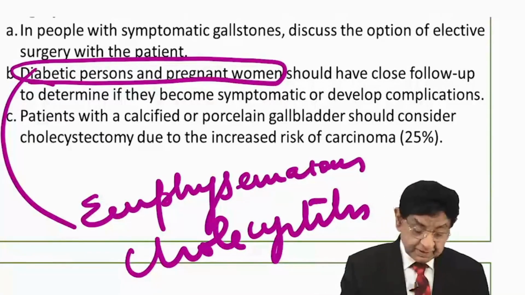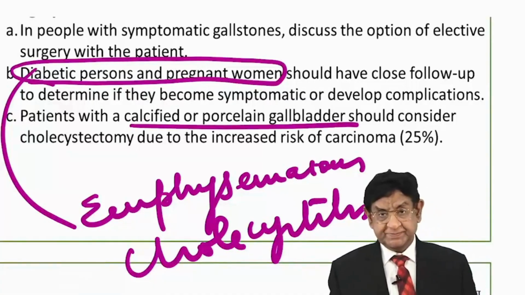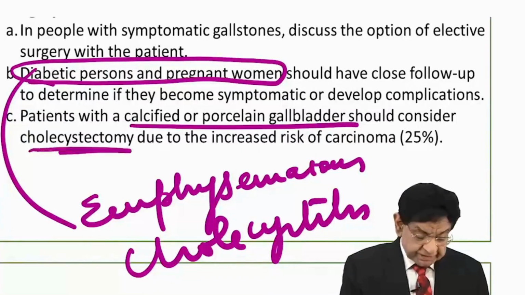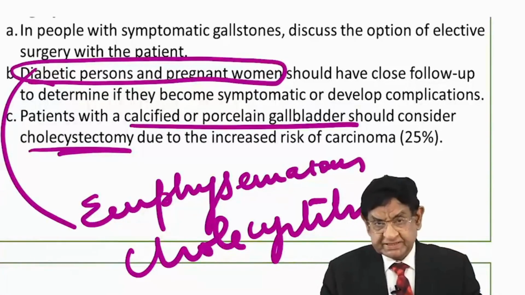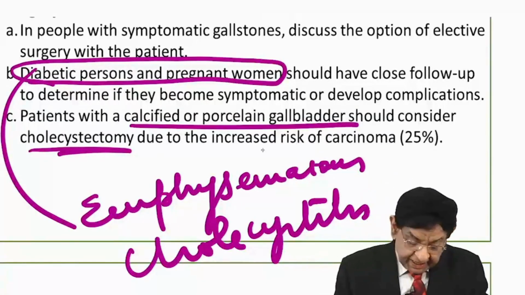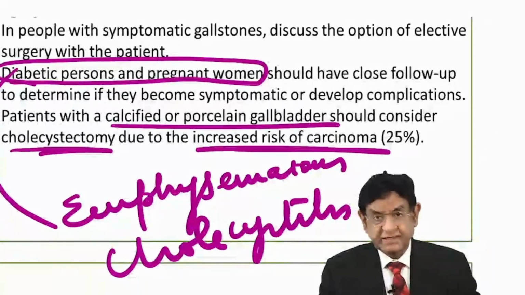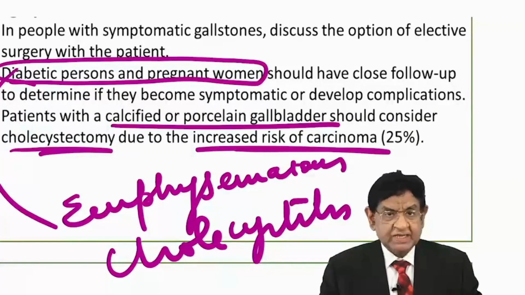Well, if the patient has a calcified or porcelain gallbladder, they should be considered for cholecystectomy, removal of the gallbladder, even if they may not have any symptom. Why? They are at increased risk of cancer. When I discussed the complications of the gallbladder, one of them was carcinoma.